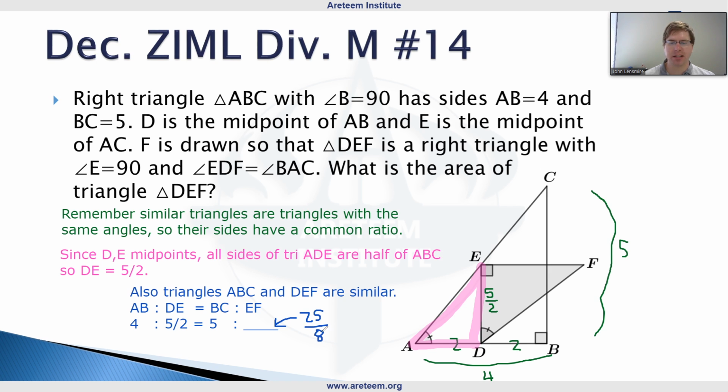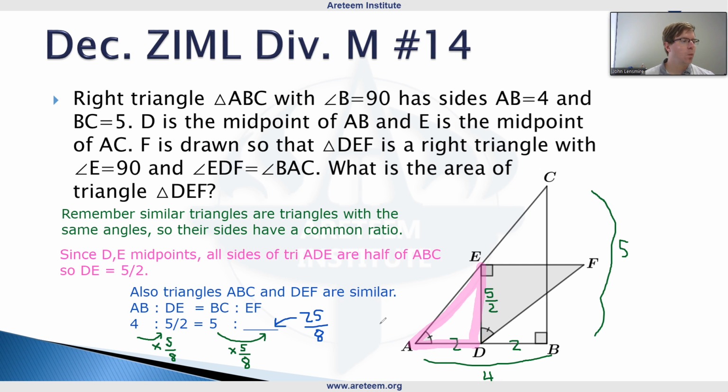Actually this is pretty easy to do. So 25 equals 8 EF. How do you get this? This is times 5/8. So 4 times 5/8 is 5 halves. So 5 times 5/8 is there.